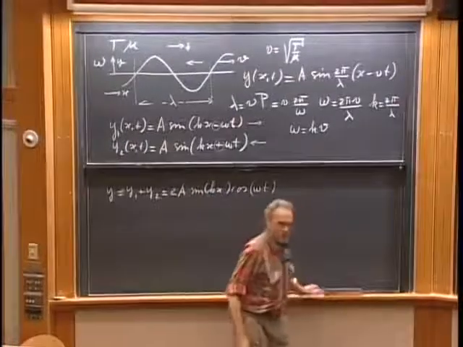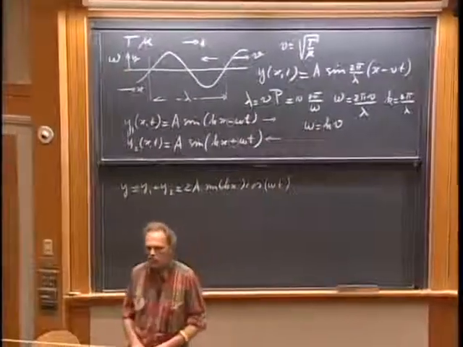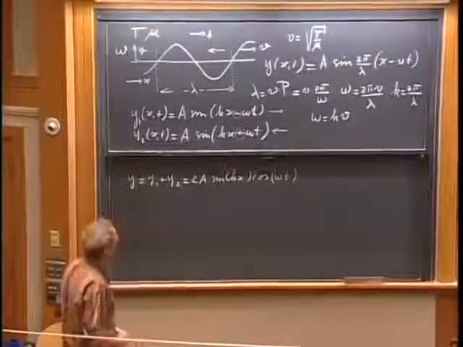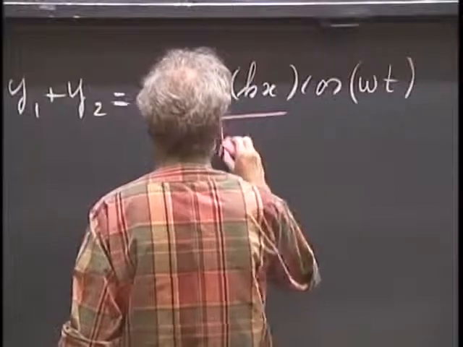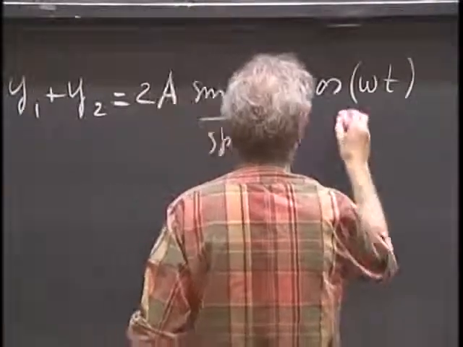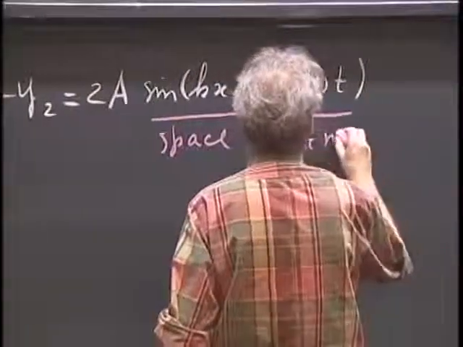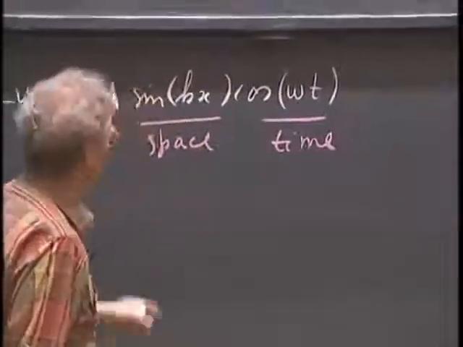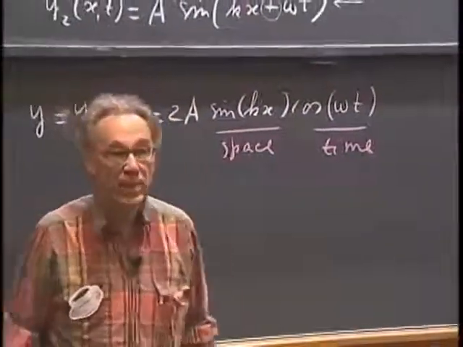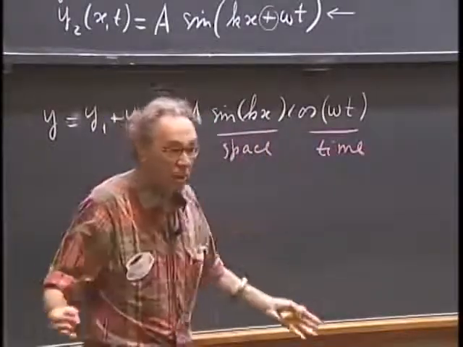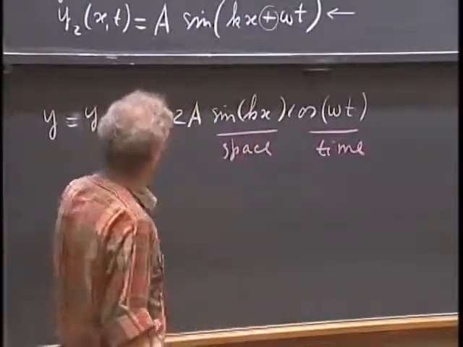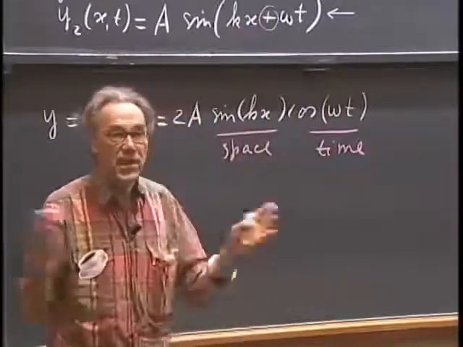And this now is a very unusual wave. All the spatial information is here, and all the time information is here. And so whenever the x is such that the sine is 0, it's tough luck, then that location x never moves.